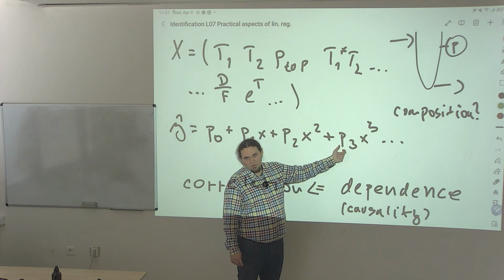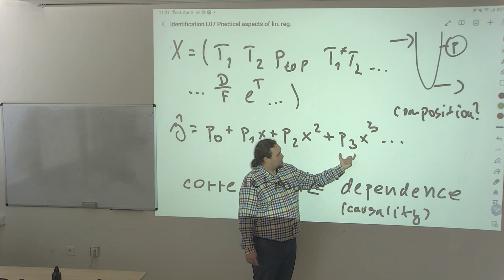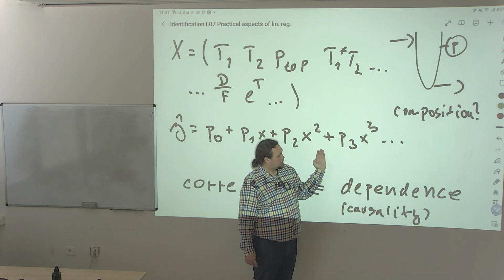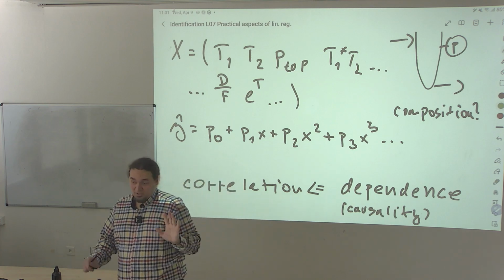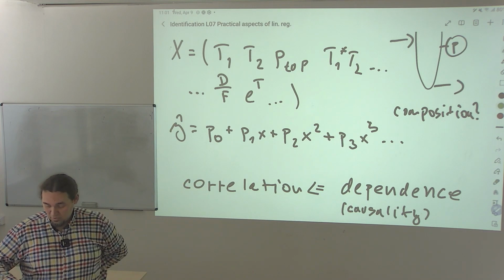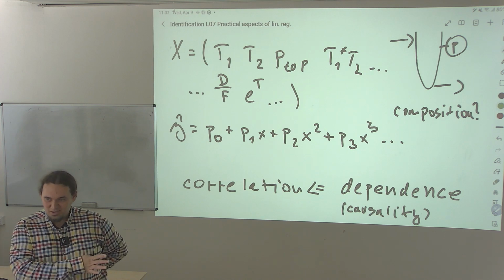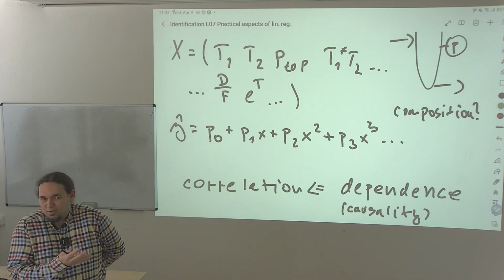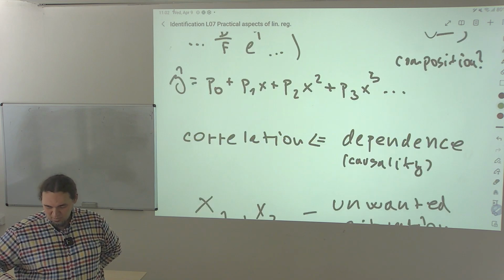Then our confidence interval, which tells us basically the probable range of this value, would basically contain 0, which is a good indication of this. That basically says with the same probability level, my model can live without the x cubed parameter, without the parameter p3.